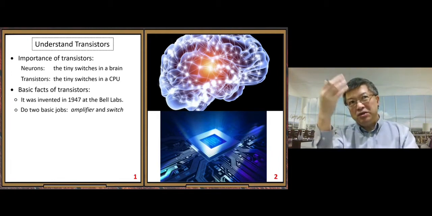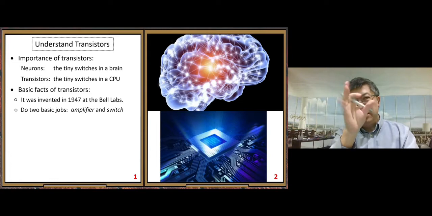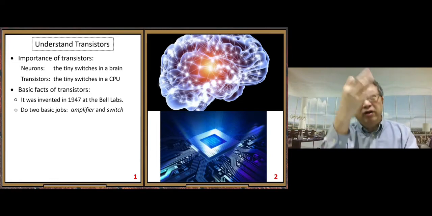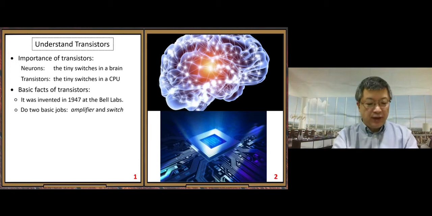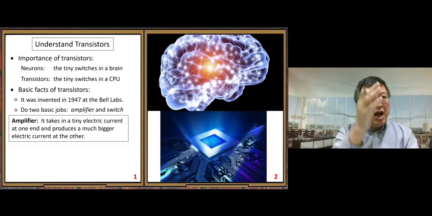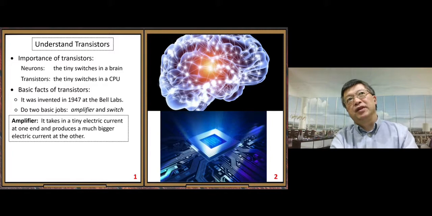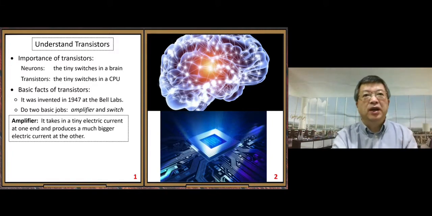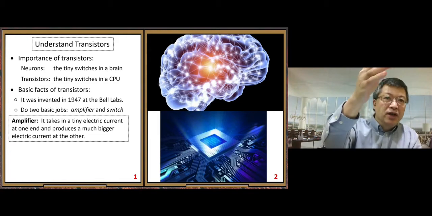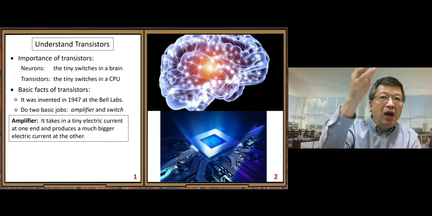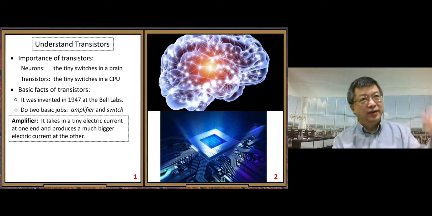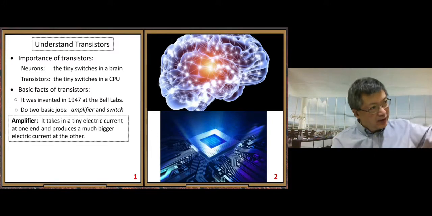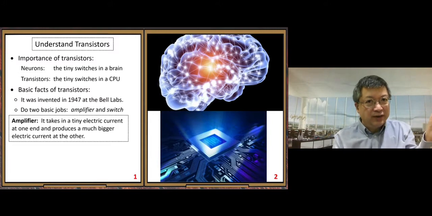Make the signal or the current stronger. Amplifier. First, let's look at the amplifier. Transistors have this property. It takes in a tiny electric current at one end, your input, a very small electric current.